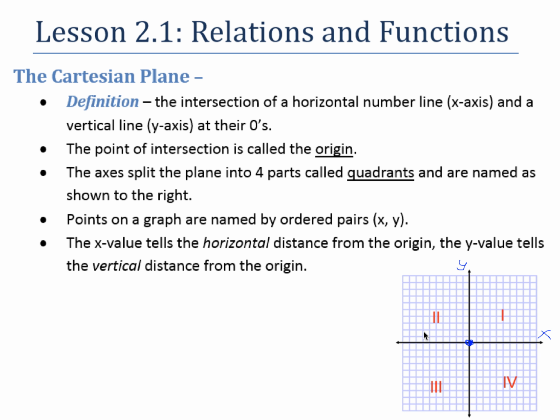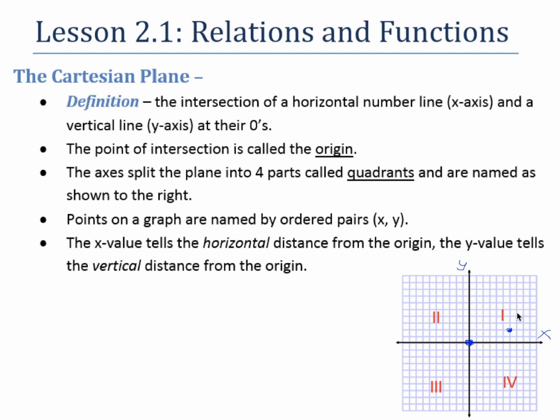There's all kinds of points on this graph, so we can locate different points here. So this point right here, for example, we look at the horizontal value first. So we come over here, it's 1, 2, 3, 4, 5, 6. Our horizontal value is 6, and our vertical value is 2.